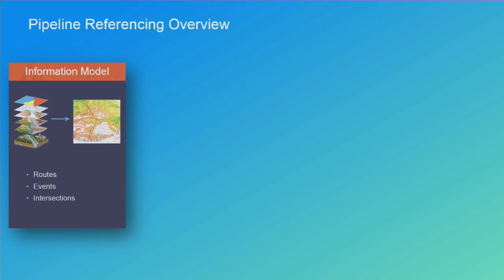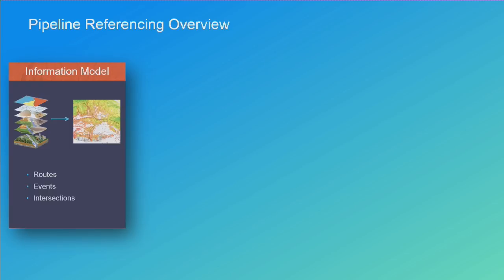There are some organizations who probably would not benefit from using a standard database model, so you might have built something custom in-house. Pipeline referencing would work with any geodatabase, as long as we are working with the feature classes. That's basically what our information model is.